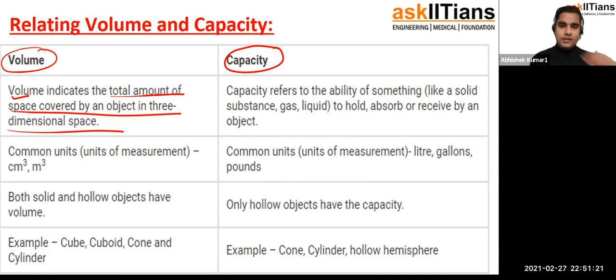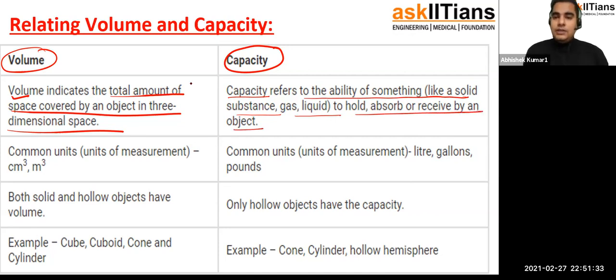Clear? Now, capacity refers to the ability of something like a solid, substance, gas, or liquid to hold, absorb, or receive by an object. Capacity means how much that particular thing can hold in it, the maximum value which a particular object can hold, absorb, or receive.